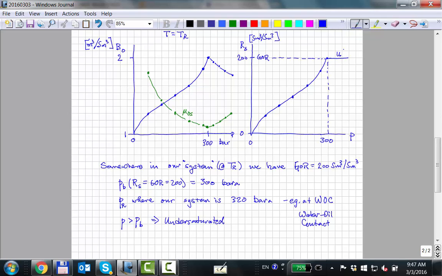So for the undersaturated oil, that particular oil has a constant GOR, a constant RS, along this, where these properties are being measured or calculated. So along here, RS is constant, equal to 200.